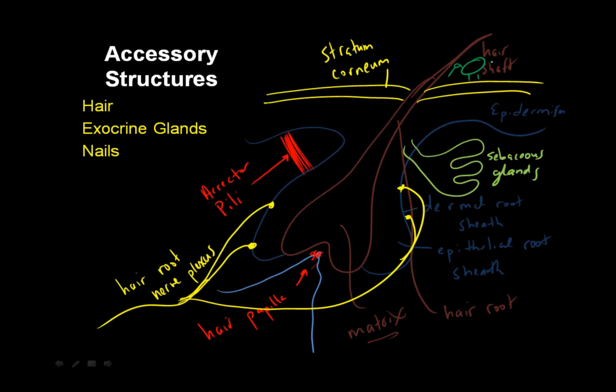Now, in terms of hair growth, we know, of course, that hair grows from within and grows out. Hair grows in cycles. Okay, so each hair follicle is really independent of the others. They are asynchronous.